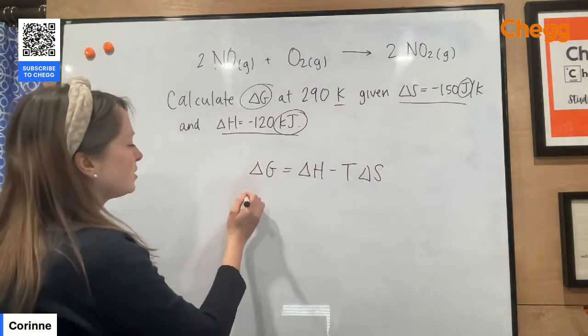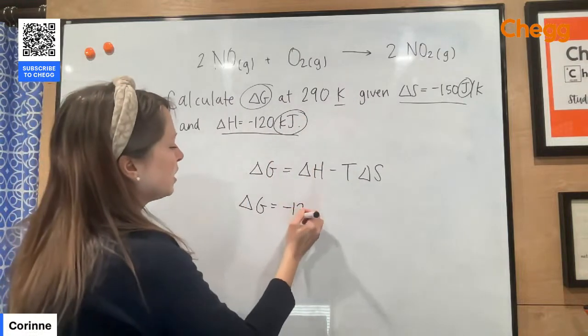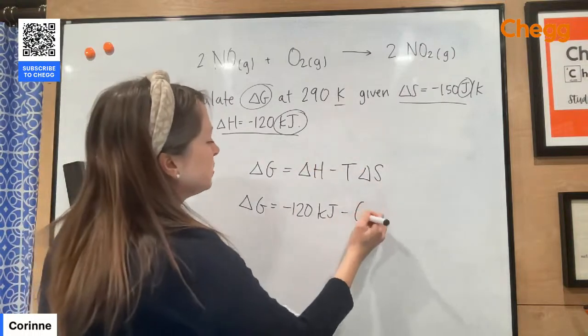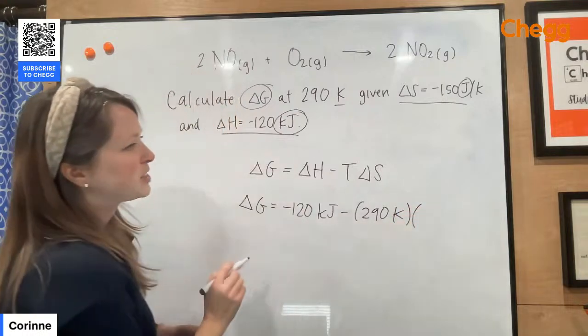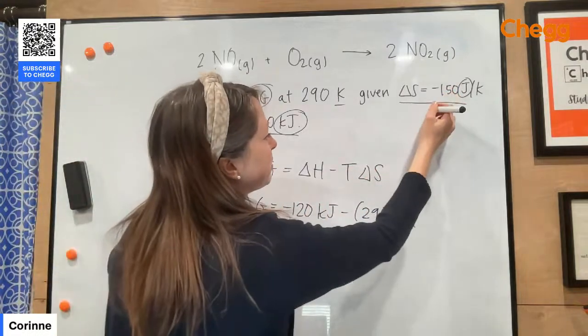So we're just going to go ahead and substitute that in. So delta G is equal to delta H, which was negative 120 kilojoules, minus T, which was 290 Kelvin, times our delta S. Again, I'm going to convert that into kilojoules right away, so I'm going to divide that by 1,000.